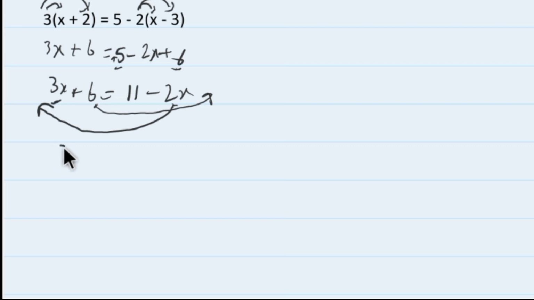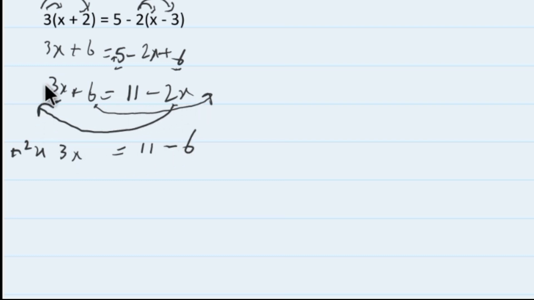So we can notice 3x and 11 would stay on left hand side and right hand side respectively, but minus 2x will move to the left hand side, while 6 will move to the right hand side, and their symbol would be changed, that is minus 2x to plus 2x and plus 6 to minus 6.